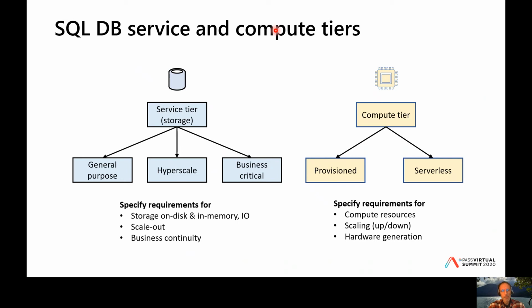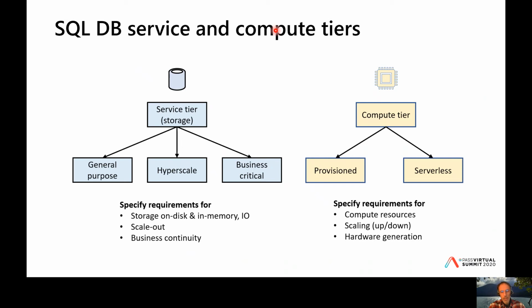But beyond that, the storage architecture is also very important in terms of the kinds of business continuity choices that are available. So, for example, high availability and disaster recovery requirements are often fit into the context of the service tier selection.